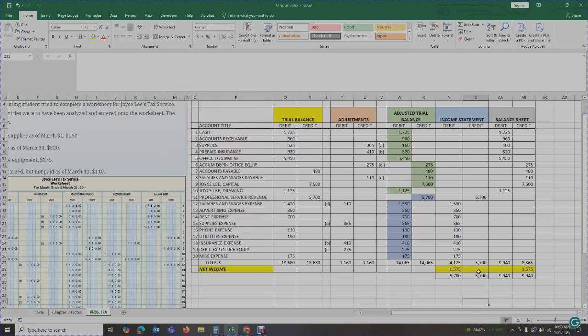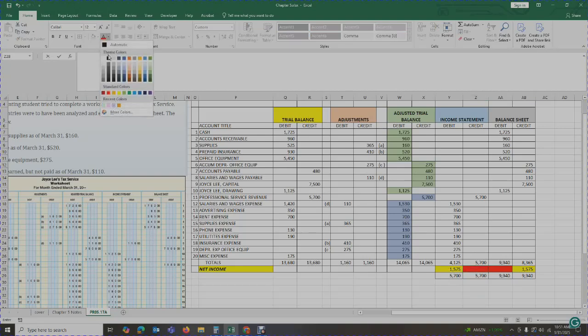Now, if the numbers were to be in the middle, then we would have a net loss. Let me change this real quick. So if the difference is in the two middle numbers, then we would have a net loss.